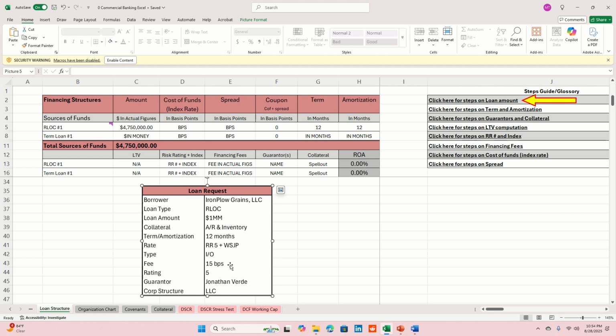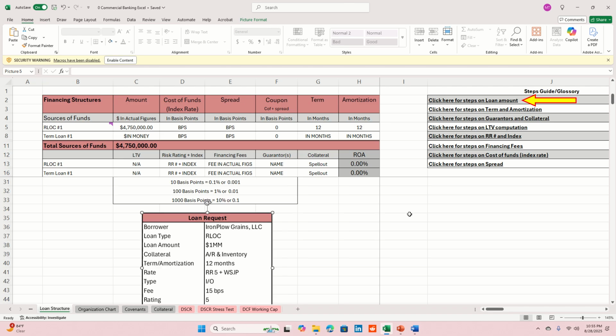The fee is going to be 15 basis points, and that goes with our policy for revolving lines of credit. And the rating is going to be 5. The guarantor is going to be Jonathan Verde, and the corporate structure is an LLC.